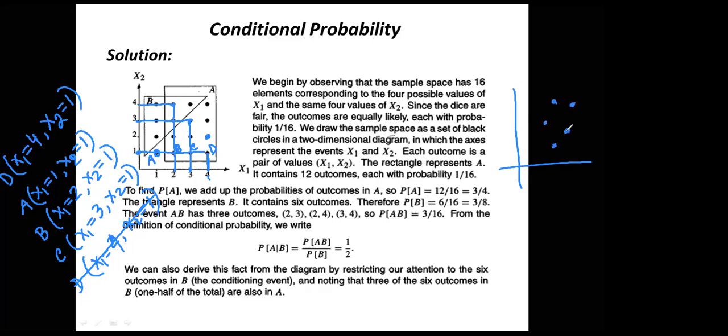How do we find the point's coordinate values? Make a perpendicular on the x-axis and a perpendicular on the y-axis. Whatever the value here, that is the x value of this point, and that is the y value. You know that? Yes, sir. Okay, so in this way we have found the probability. Any other question?